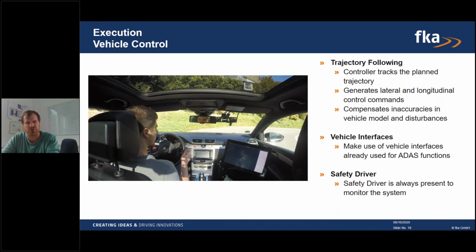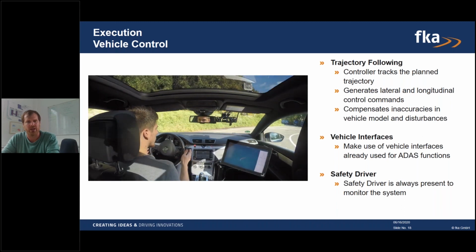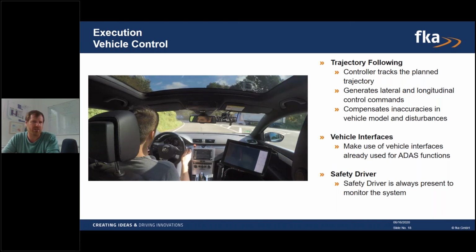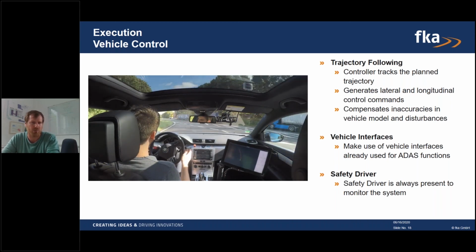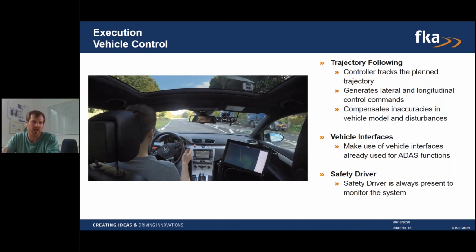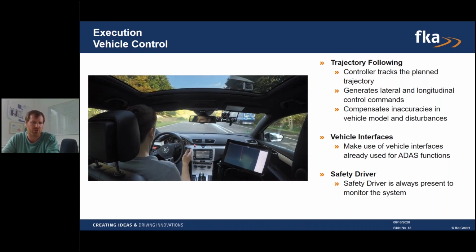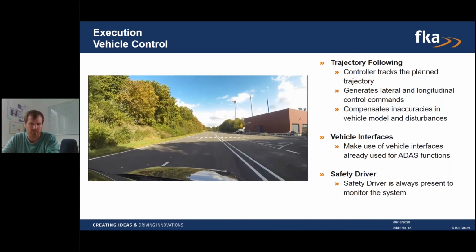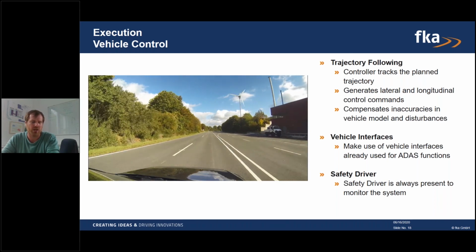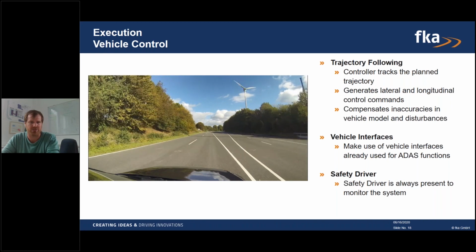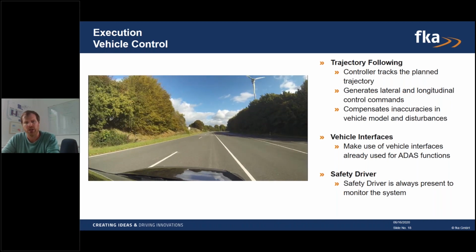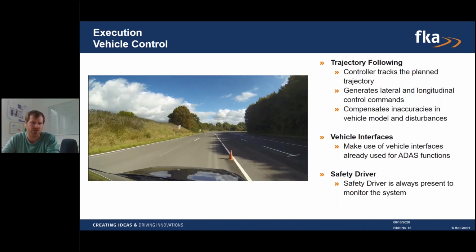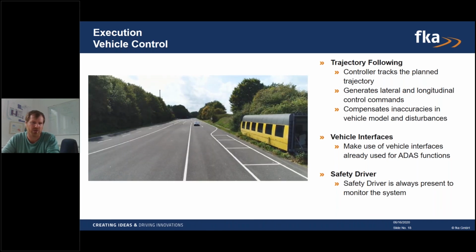So the controller is used to track the trajectory and compensate all this inaccuracy, and maybe even disturbances from outside the vehicle, like a slope in the road which was not detected by the system, which we need to compensate there as well. Then you saw it just on the left side showing our test vehicle going around our test track.